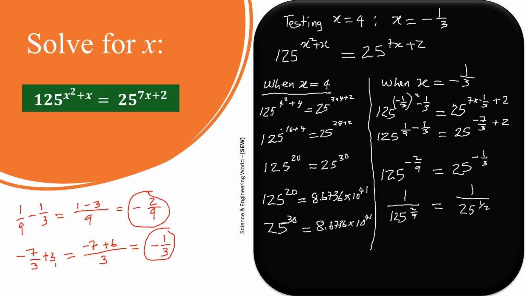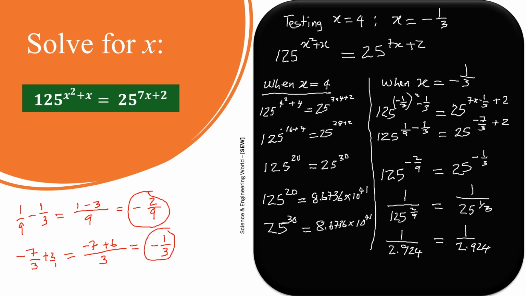If you put this into the calculator, we have 1 over 2.924, which is also equal to, again, 1 over 2.924.